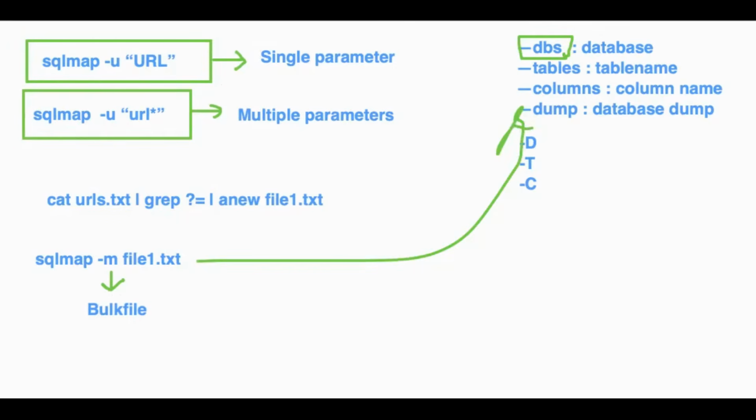Now if you want to give an HTTP request, suppose you captured a request in Burp Suite and you want to test that request, like in the request we have headers, we have some data in the message body, or data in the HTTP request line. So you want to test this particular request. So we have an option called -r.